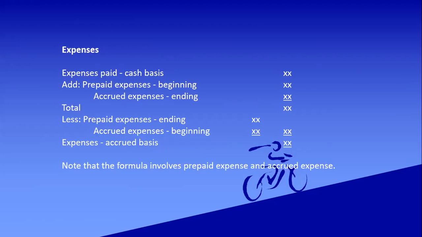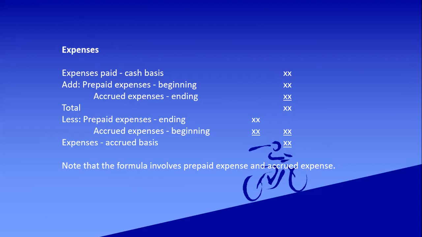Now for expenses, we have expenses paid or the amount to be reported under the cash basis. Then we add prepaid expense beginning, then add accrued expense ending. From the total, we deduct prepaid expense ending and accrued expense beginning, the difference is expenses under the accrual basis.